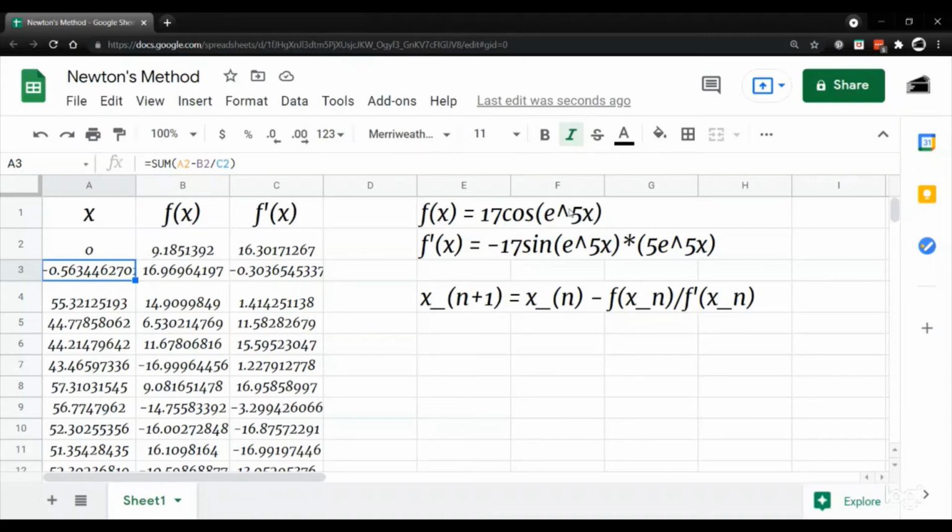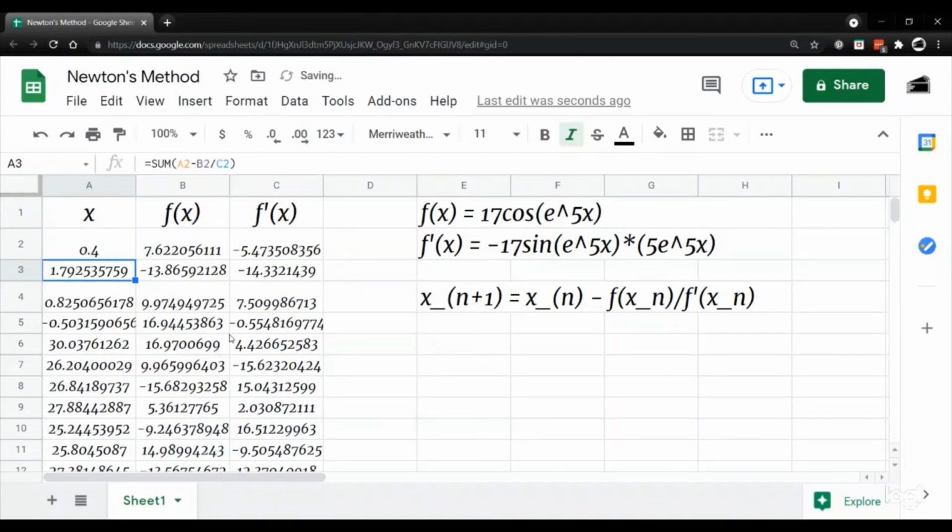So we are looking for when is e to the 5x equal to like a pi halves. Pi halves is about 1.5, and e is about 2.8. So we probably want to try something that's like around 0.4, and see if that gives us a nice way of being able to get there.